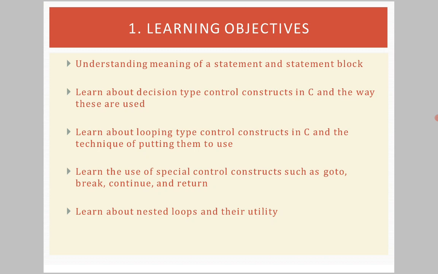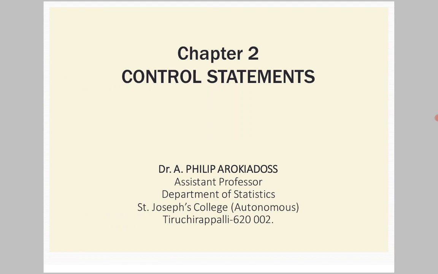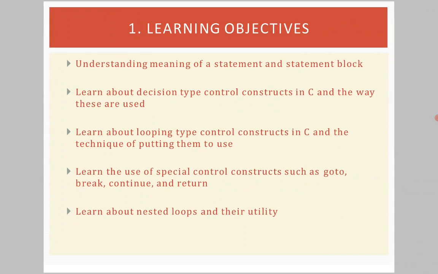Learn about decision type control constructs in C and the way these are used. Learn about looping type control structures in C, meaning loops and looping statements. And special control constructs such as goto, break, continue and others, and nested loops.